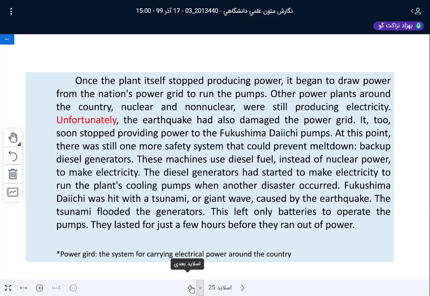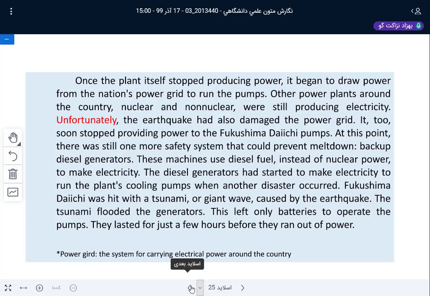The diesel generators had started to make electricity to run the plant's cooling pumps when another disaster occurred. So, disaster after another disaster. Fukushima Daiichi was hit with a tsunami, okay?